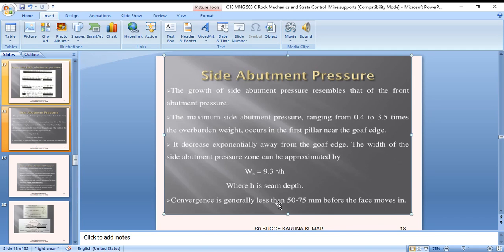The maximum side abutment pressure ranges from 0.4 to 3.5 times the overburden weight and occurs in the first pillar near the goaf edge, then decreases exponentially away from the goaf edge. The width of the side abutment pressure zone can be approximated by 9.3 root of h, where h is the seam depth. The convergence is generally less than 50 to 75 mm before the face moves.